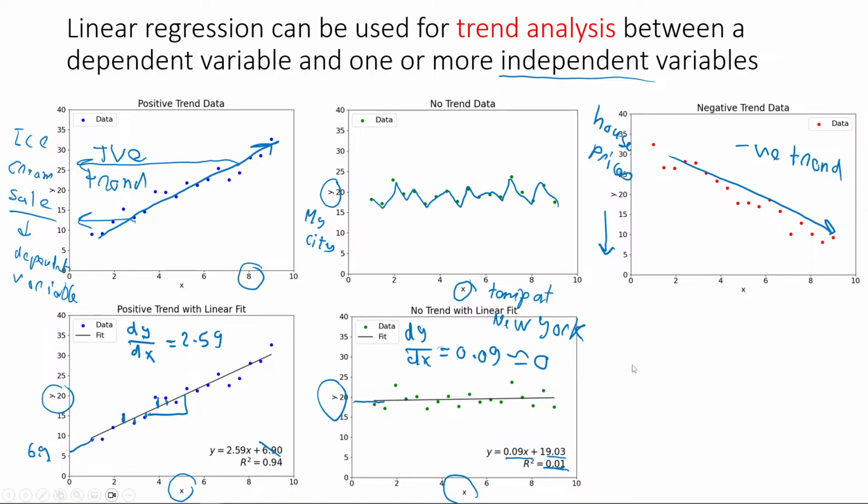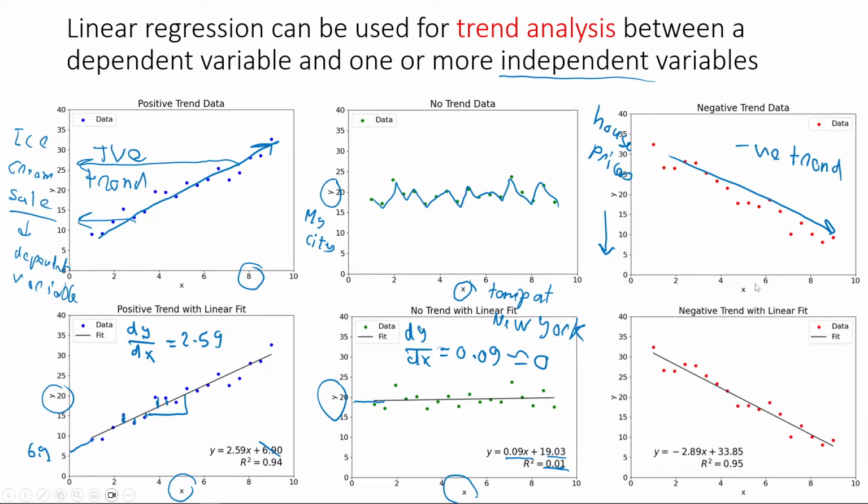Now, the last case, I could fit a linear regression model. And basically, you see here my slope is negative. So now my slope is negative. I have a negative slope. My intercept, if I extended this line here, my intercept is 33.4845.